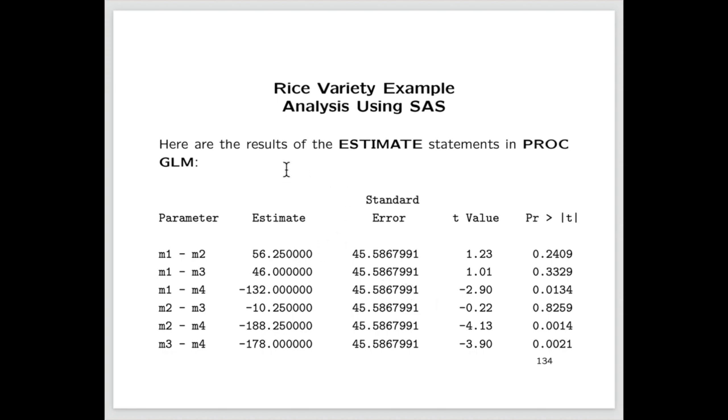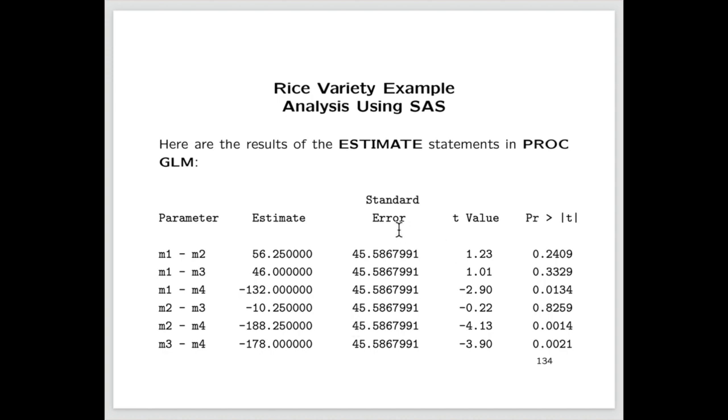Now, notice that the estimate statement gives us point estimates for the contrast that we're testing hypotheses about. So the point estimate for mu1 minus mu2 is 56.25. The point estimate for mu1 minus mu3 is 46.0, and so forth. And if you go back, you'll see that those are the exact same values that we got when we calculated them by hand.